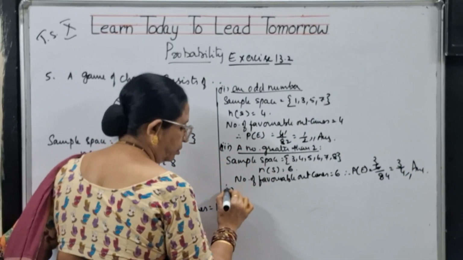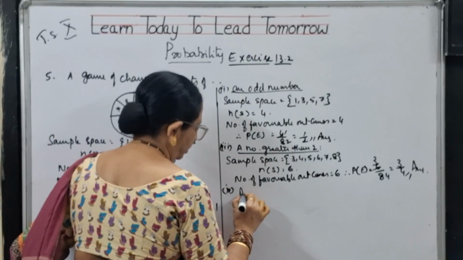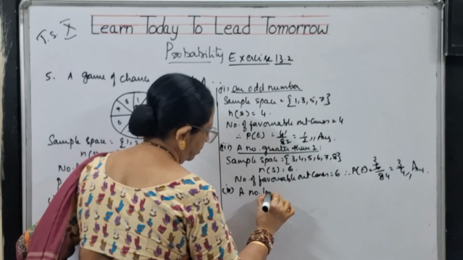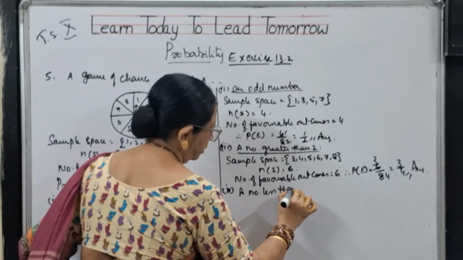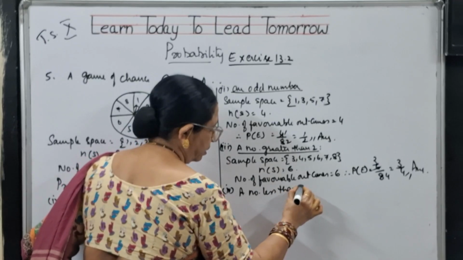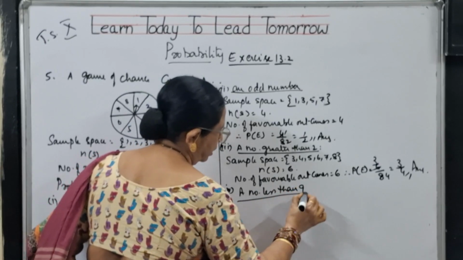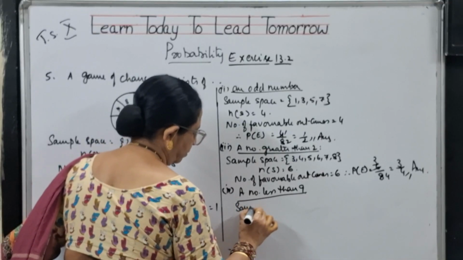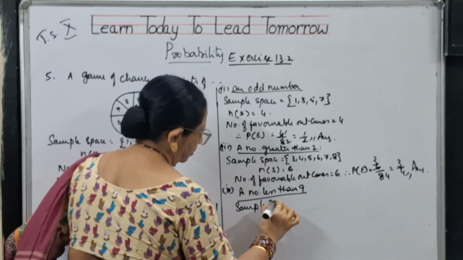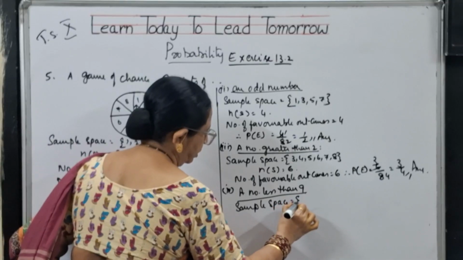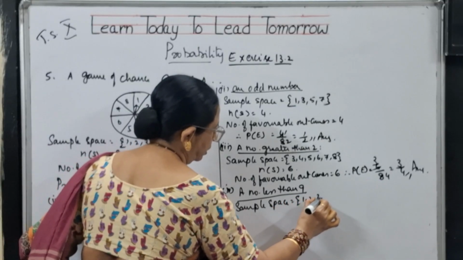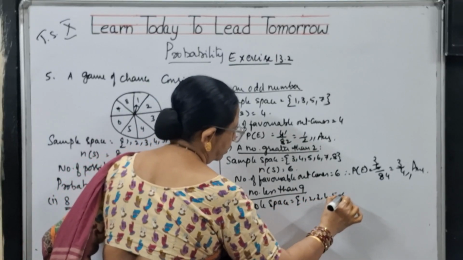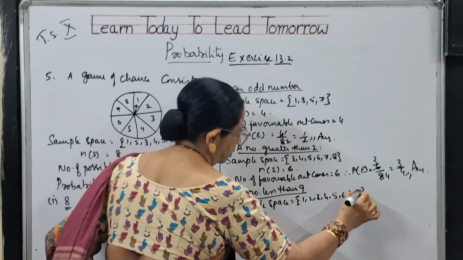And the fourth one is a number less than 9. So the sample space: numbers less than 9 are 1, 2, 3, 4, 5, 6, 7, 8.